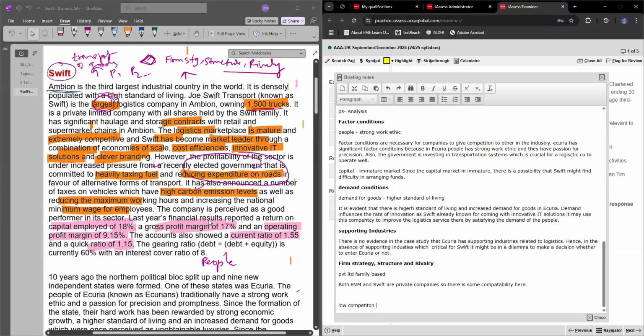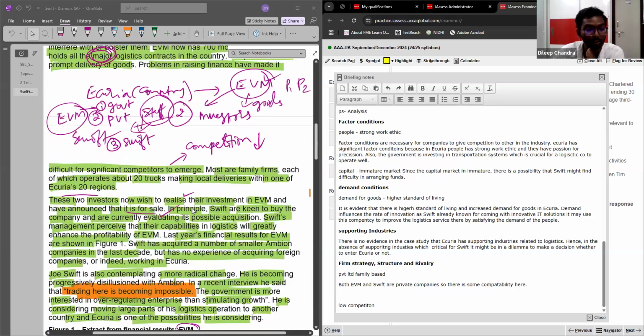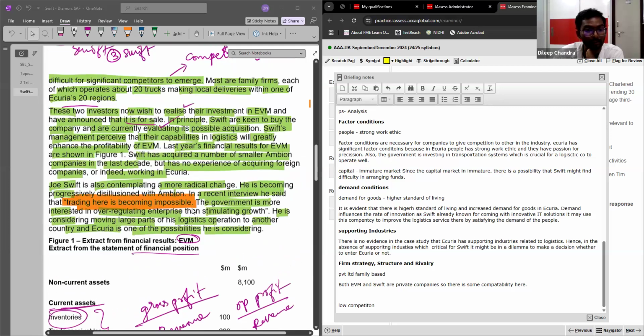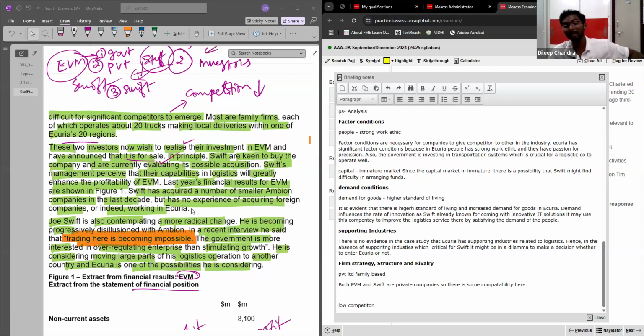No more similar companies are there. The reason why no more similar companies are there is because the capital market is immature, right? So if you want to come up with a logistics company at that large scale, banks are not willing to give loans. Because of that, the impact is lower competition.